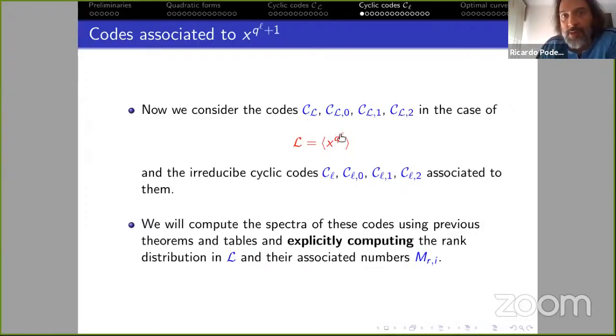This code, in this particular case, gives rise to this code. We'll compute the spectrum of these codes using previous theorems and tables, but explicitly computing the rank distribution of L: which are the possible ranks and the types, and how many, which are these numbers.